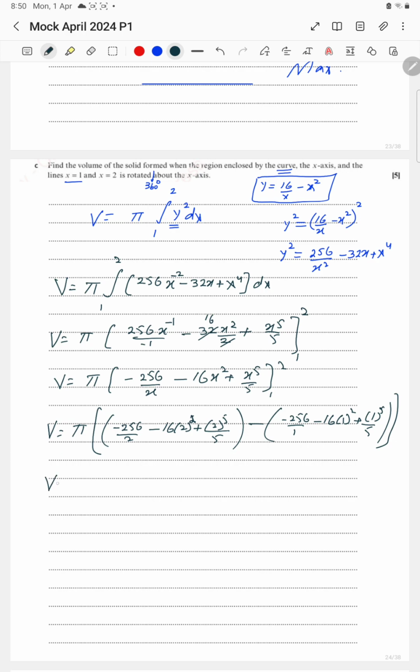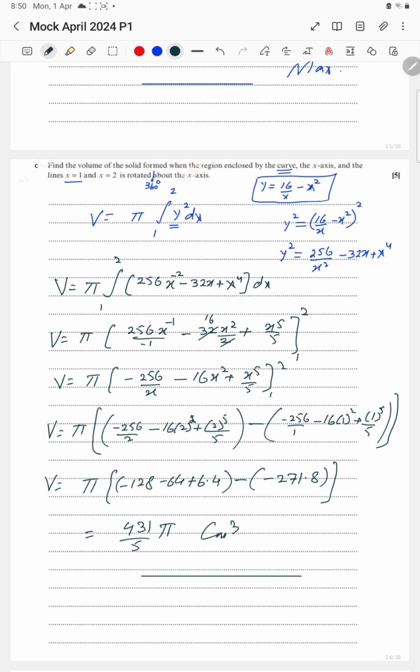With the help of the calculator we can do the rest of the calculation. I will get pi times minus 128 minus 64 plus 6.4, minus the lower limit value, and we get 431 by 5 pi centimeters cubed. That is the required volume. I hope it is clear.